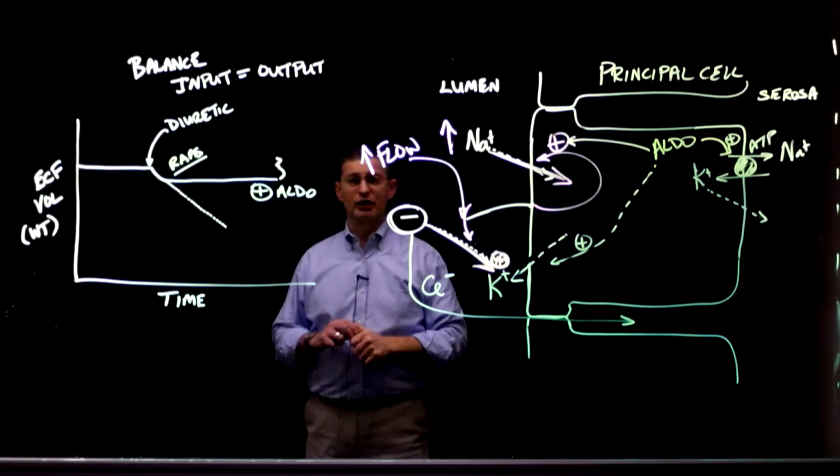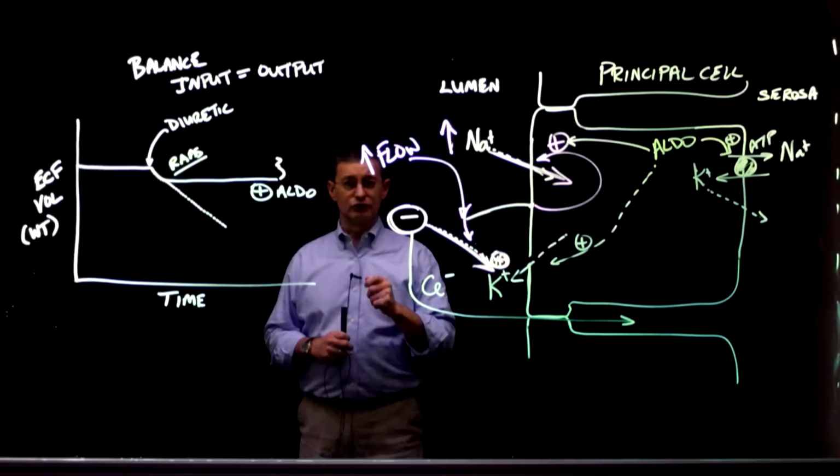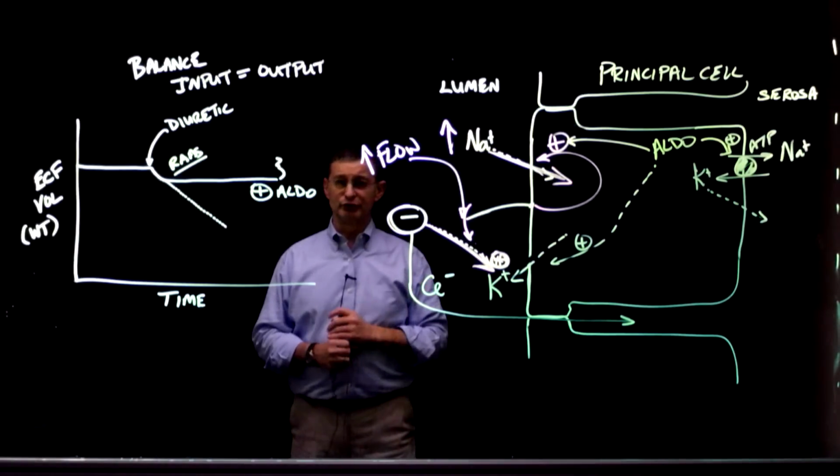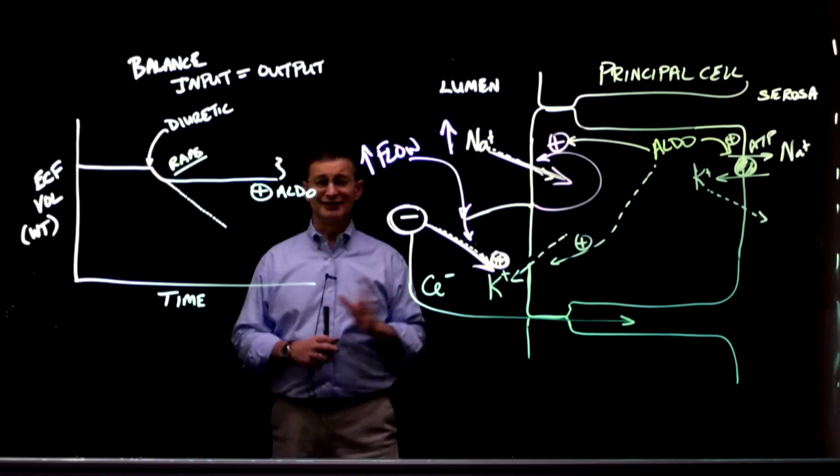You'll remember back on one of my earlier videos, we talked about the proximal nephron being important for bulk transport, and the distal nephron being important for fine-tuning and maintaining balance.